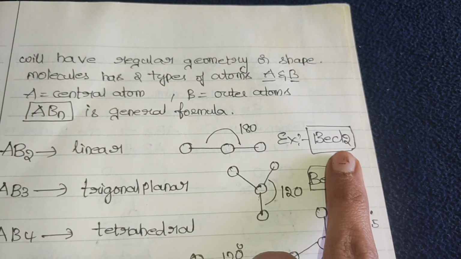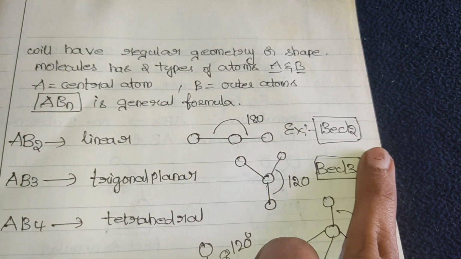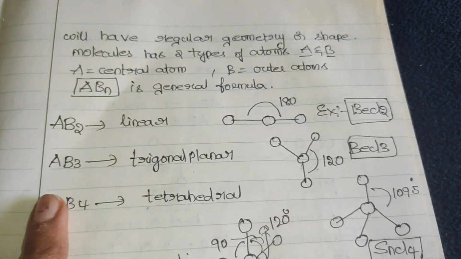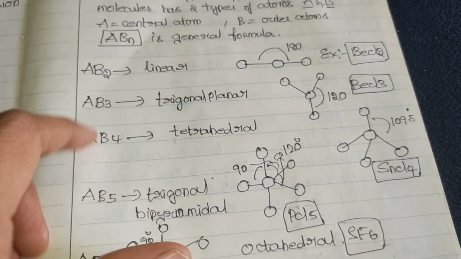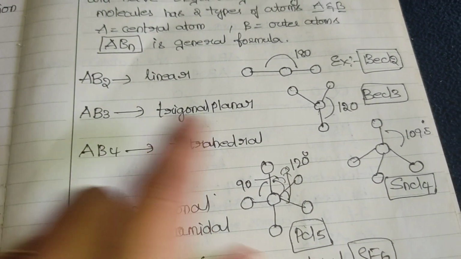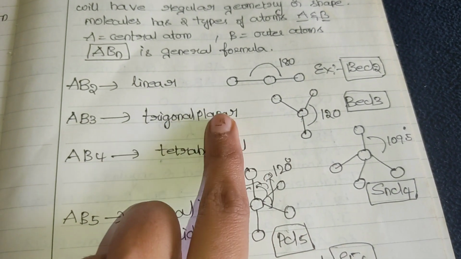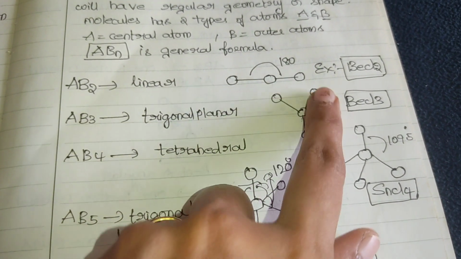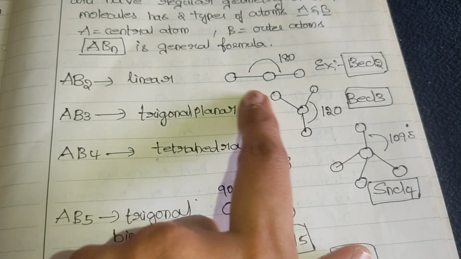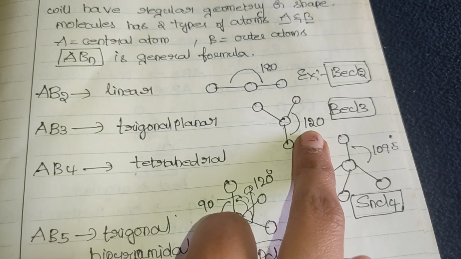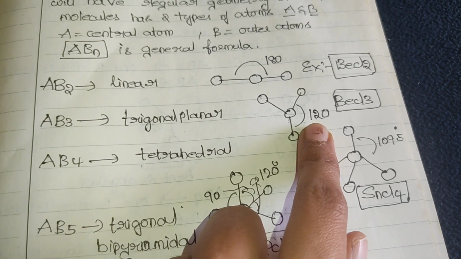An example is BeCl2, with Be in the middle and two chlorine atoms. Then AB3 is central atom A connected with three B atoms, in a trigonal planar shape. The example is BCl3 and the bond angle is 120 degrees.